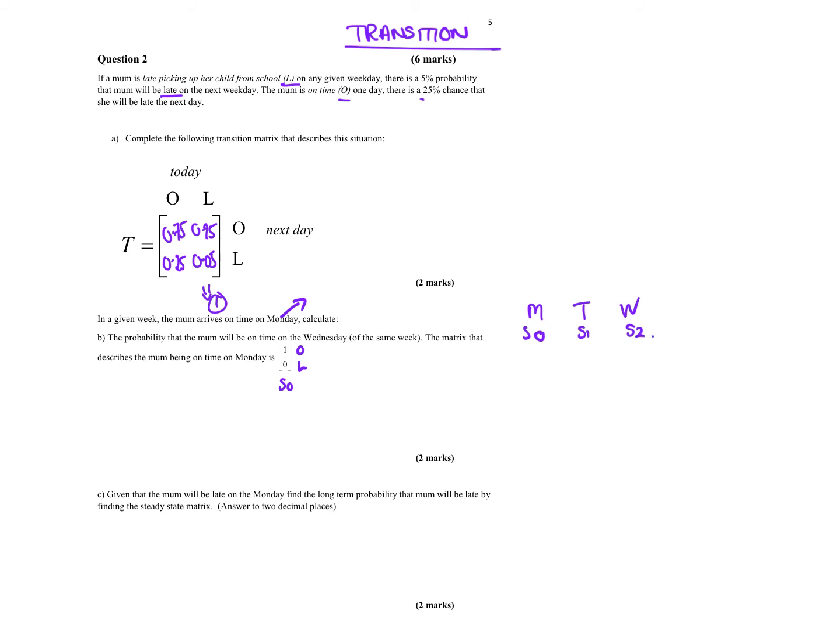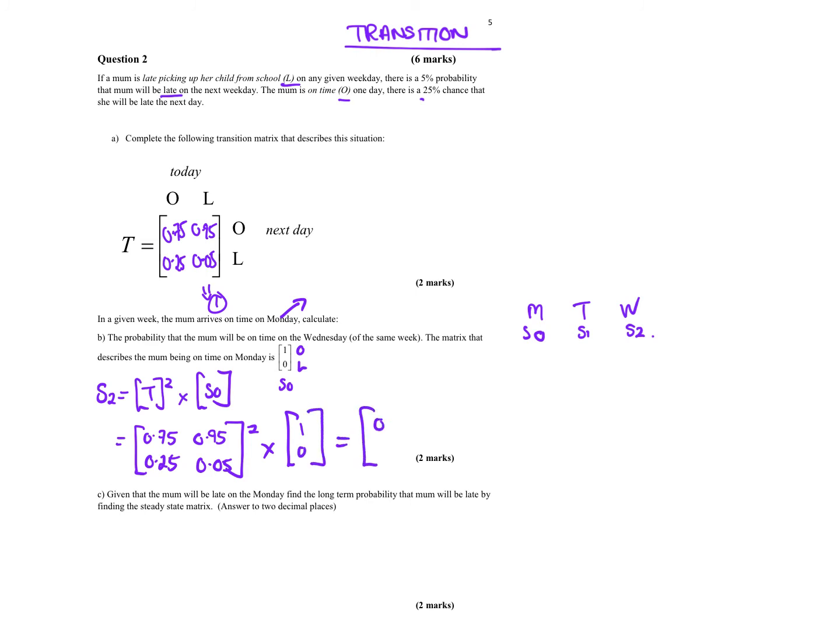So if you think about it, if you've got Monday, Tuesday, Wednesday, this is S0, this must be S1, this is S2. So if you want to find S2, you'd be doing the transition to the power of 2 times your S0. So in this case, it'll be that transition that we found out, and to the power of 2 times your S0. And you end up with this 0.8 and 0.2.